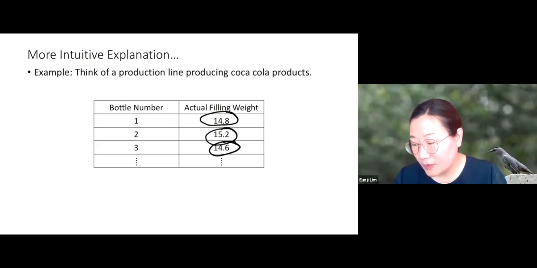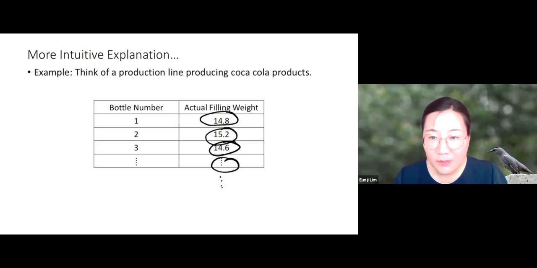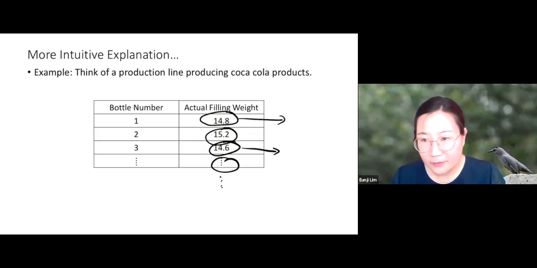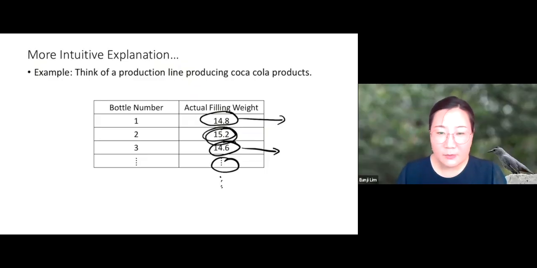So in this case, let's say that the process is in control, but the actual filling weight is 14.8, 15.2, 14.6, etc., because of common causes, because of background noise, or common wear and tear. Now, you can see that some of these bottles are underfilled, and some of them are overfilled. So let's say you're sampling some of them, and you're sampling them randomly.